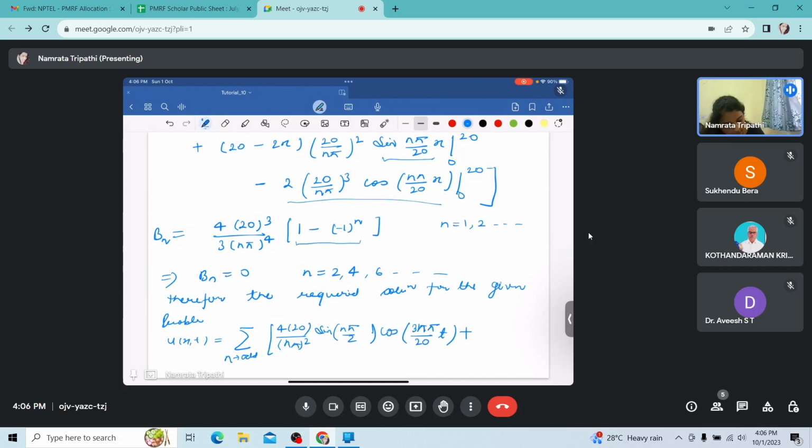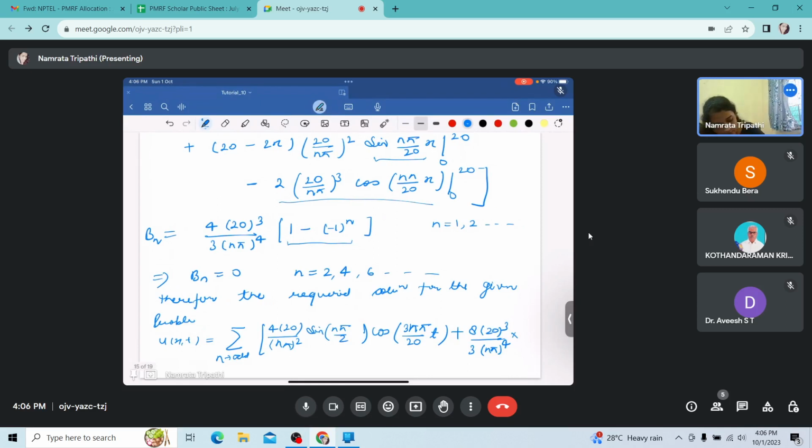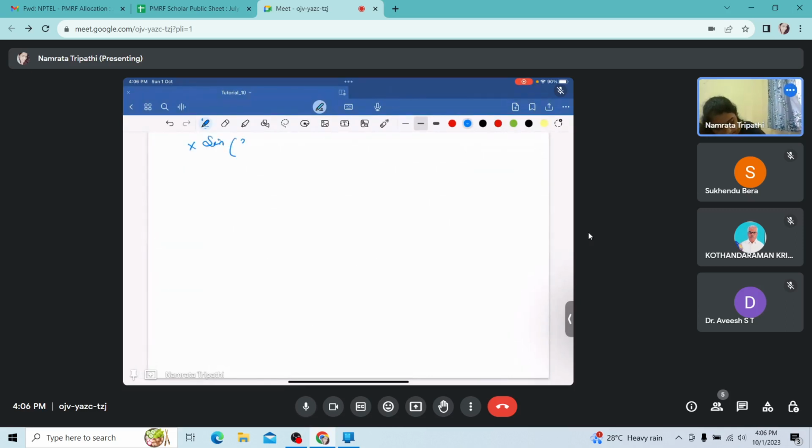So when we multiply with 4 into 2, this will give 8 into 20 power 3 upon n pi whole power 4 into sine 3 n pi t upon 20 into sine n pi x upon 20, where x is from 0 to 20 and t is greater than 0.